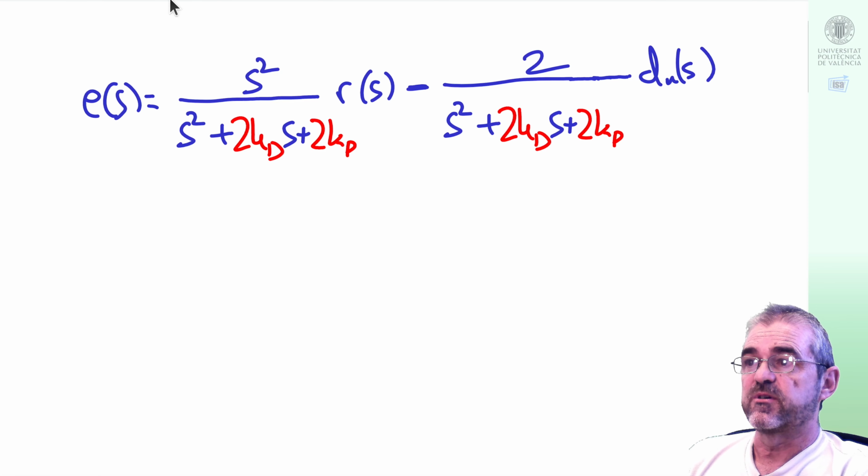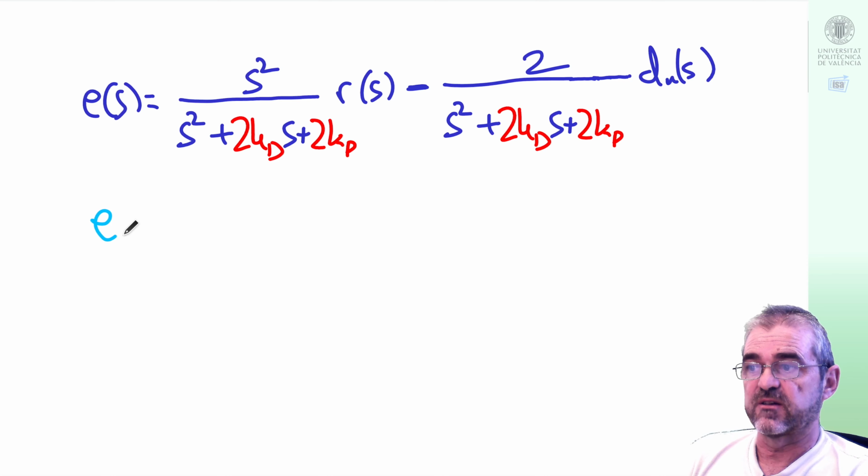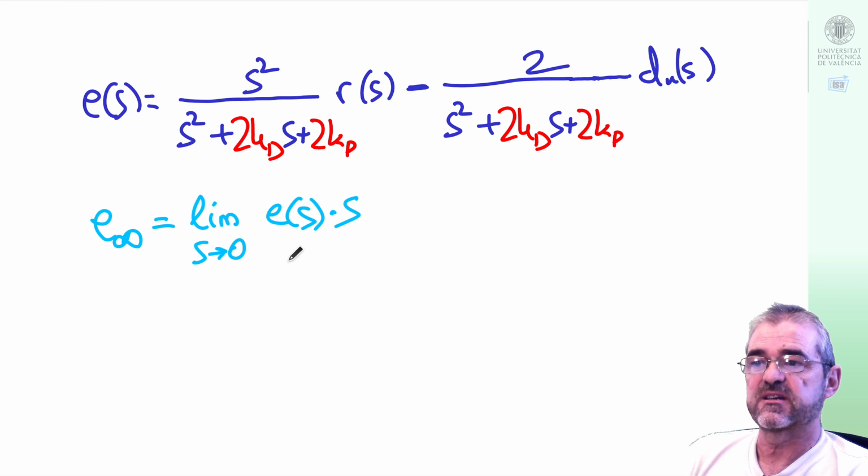So then we will need to apply the final value theorem that says that if this dynamics is stable, then the final value of the error, what I will call E infinity, will be the limit when s tends to 0 of E of s times s. So, well, let us discuss several cases.